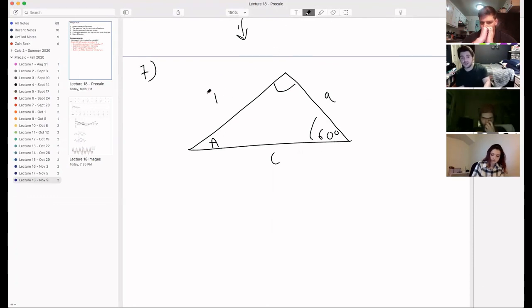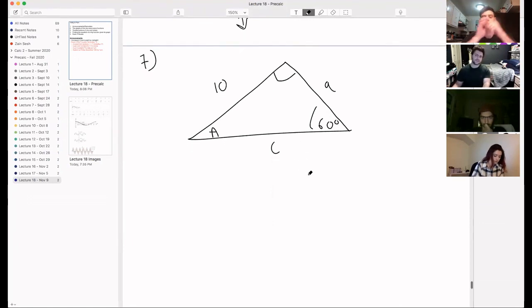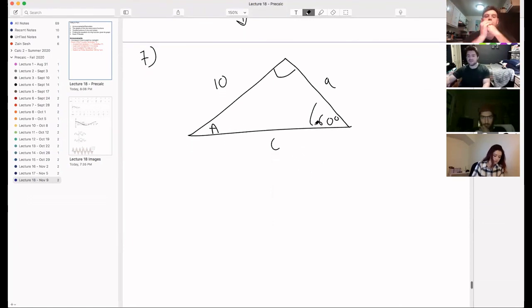So I wanted you to use our trig functions evaluated at special angles. So we have this 60 degrees here. With respect to 60 degrees, 10 is opposite, and we're looking for adjacent or hypotenuse.